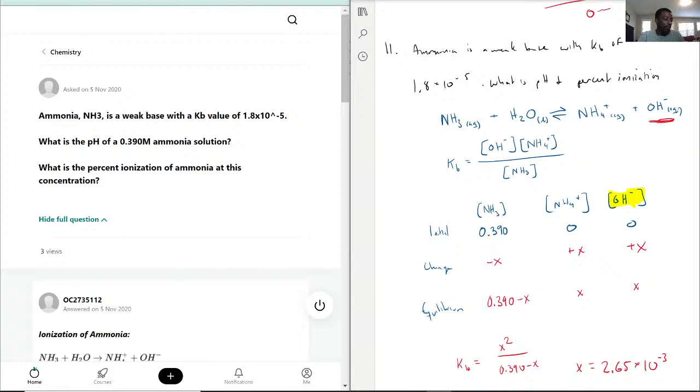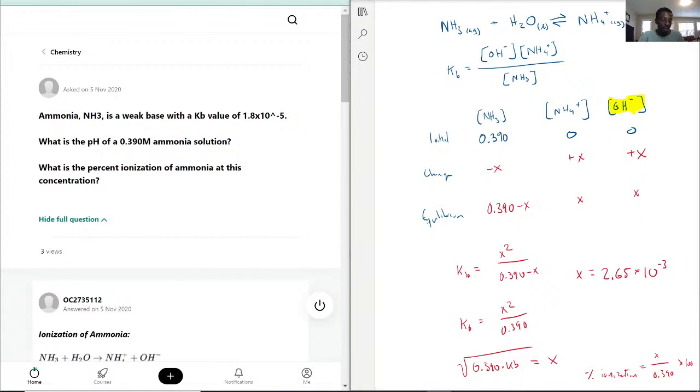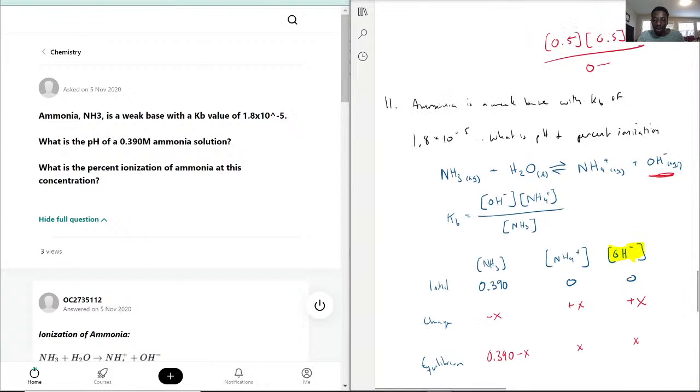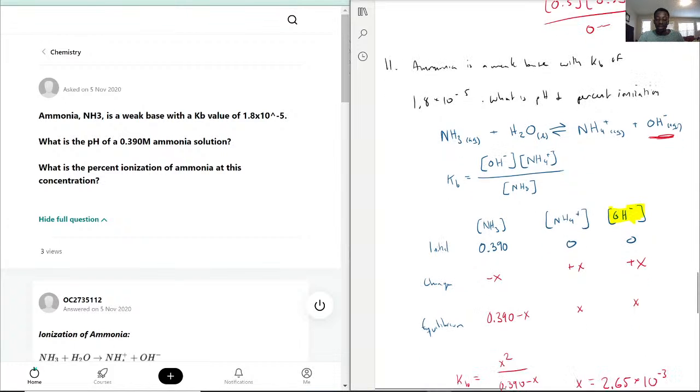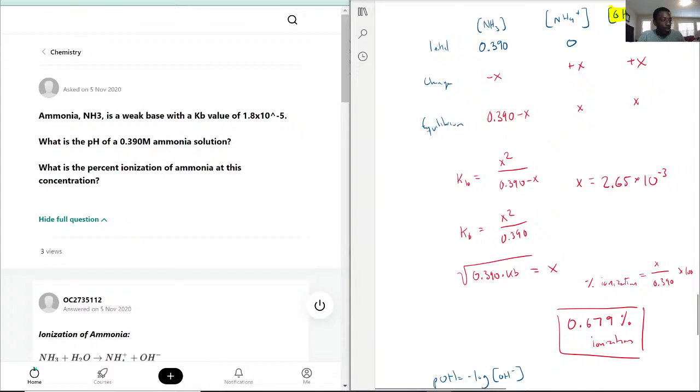And then we square root that. Then we subtract KB from that value, so that would be minus 1.8 times 10 to the negative 5, and then we divide that by 2. The answer I got when I did the quadratic equation was 0.264.